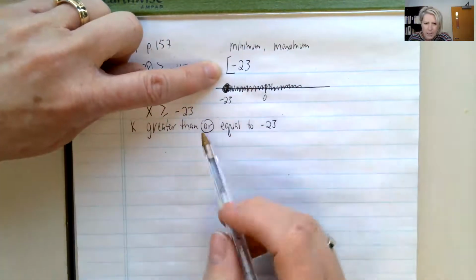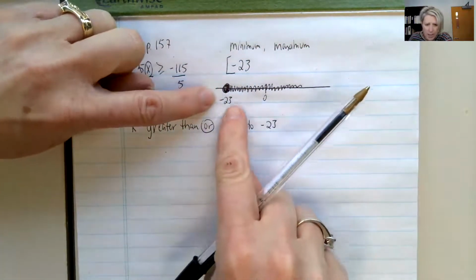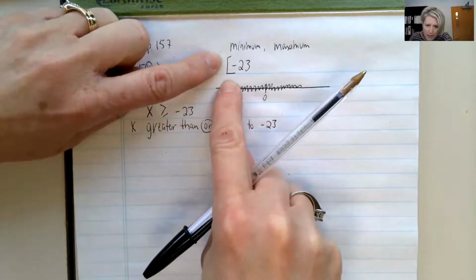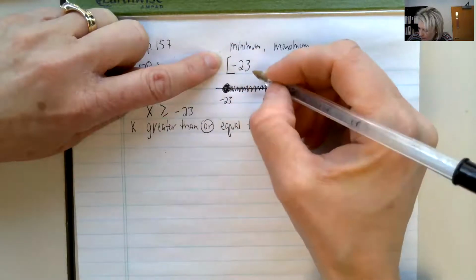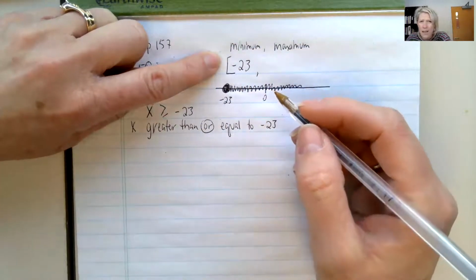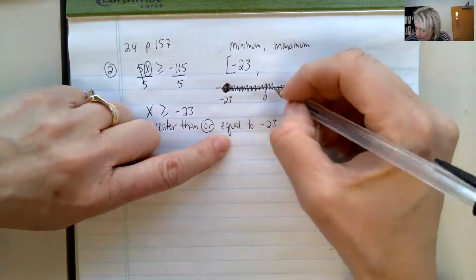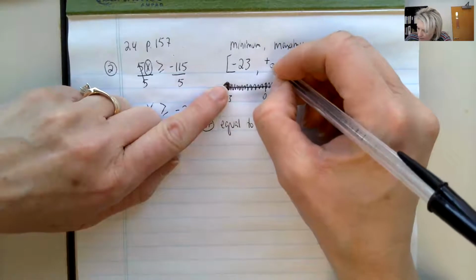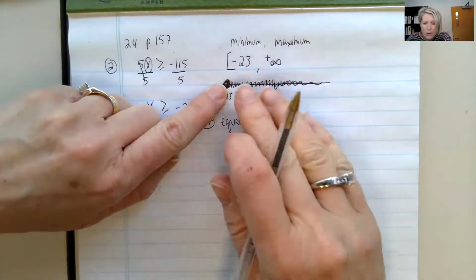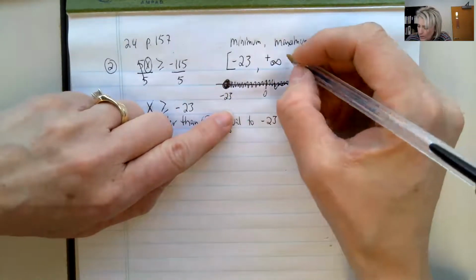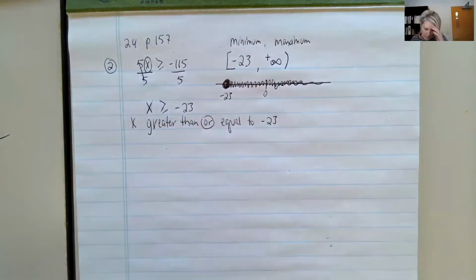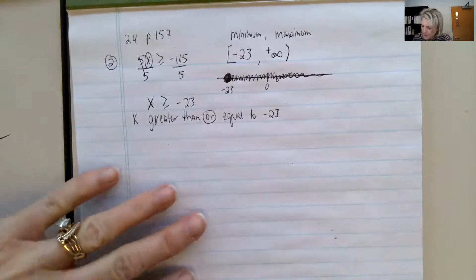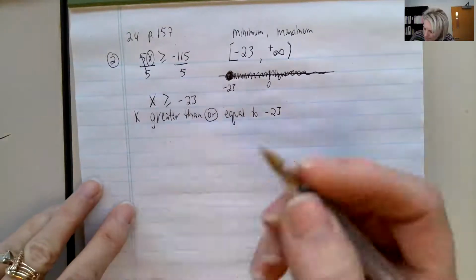So the minimum is what's on the left on your number line, which happens to be negative 23. I'm coloring in my circle, so I'm using a bracket, comma, the maximum that x can be is forever and ever this way, so it's positive infinity. Positive or negative infinity, when you use them, always gets a parenthesis. So a reminder there. So let's do the same on number 6.